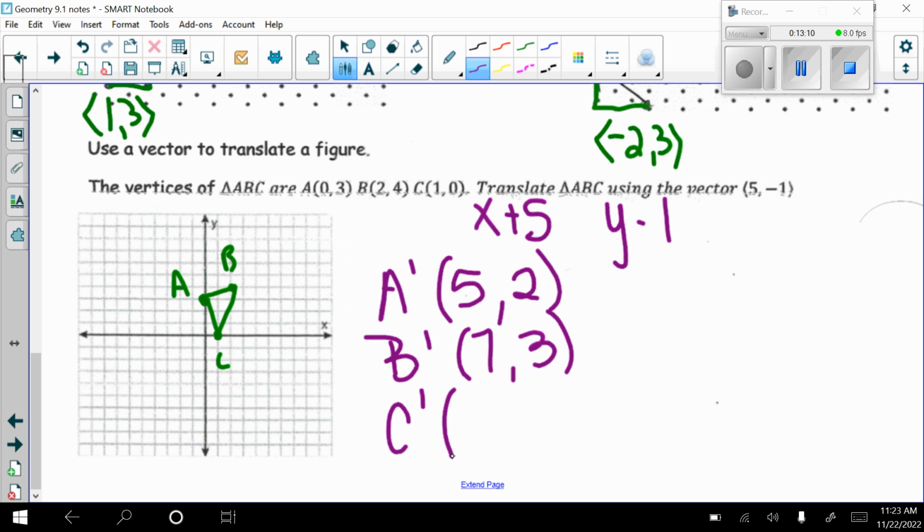C prime is going to be 1 plus 5 is 6, 0 minus 1, -1. So I want to plot these points. 5, 2 puts me at A prime. 7, 3, B prime. 6, -1, C prime. So there is the new translation.